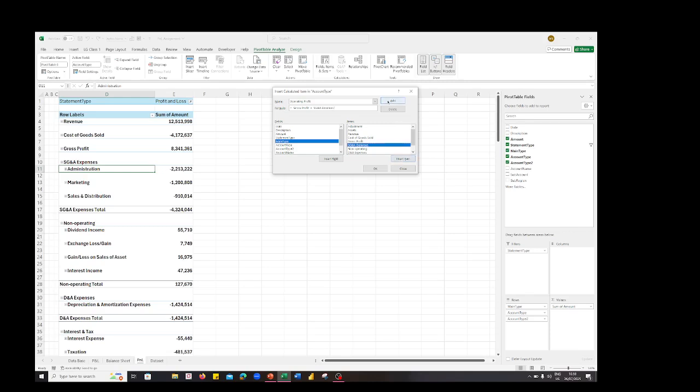Insert, then add. It can only refer to items in the same field. Yeah, SG&A, main type.